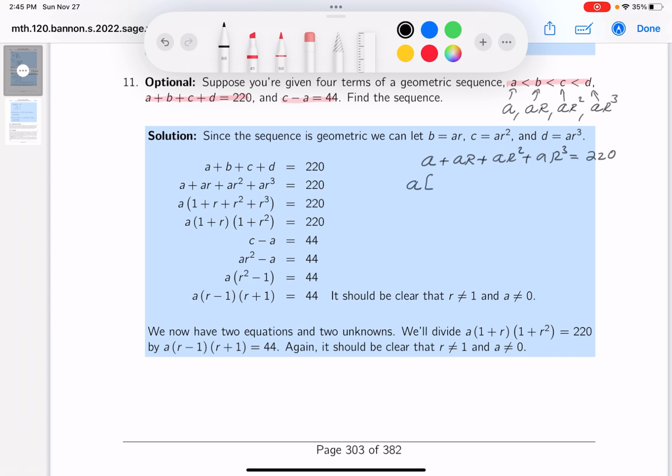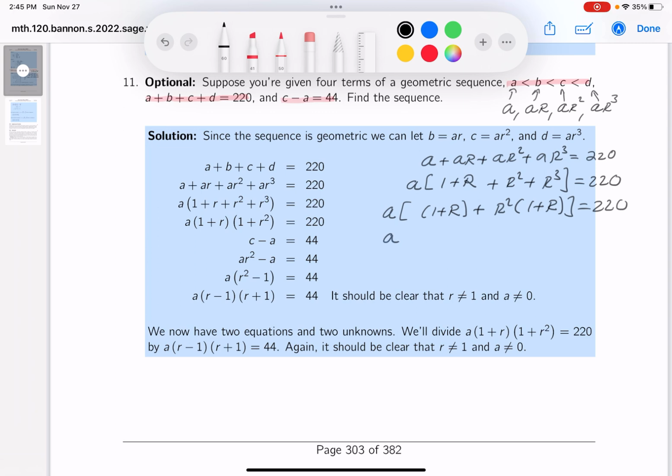When you do that, you get A times (1 plus R plus R squared plus R cubed) equals 220. I'm going to factor the inside by grouping.